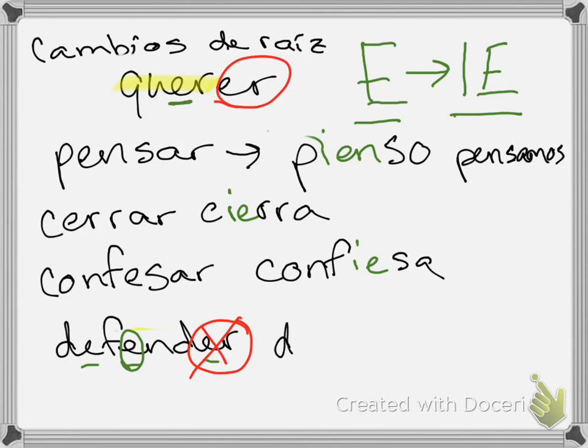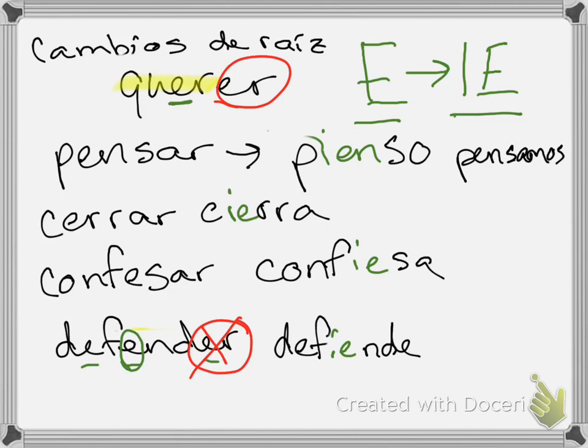So this becomes defiende. Oh, I started using the wrong color here. It becomes defiende. Okay? Not defeinde. No, defiende. It's always the E closest to the end. All right?